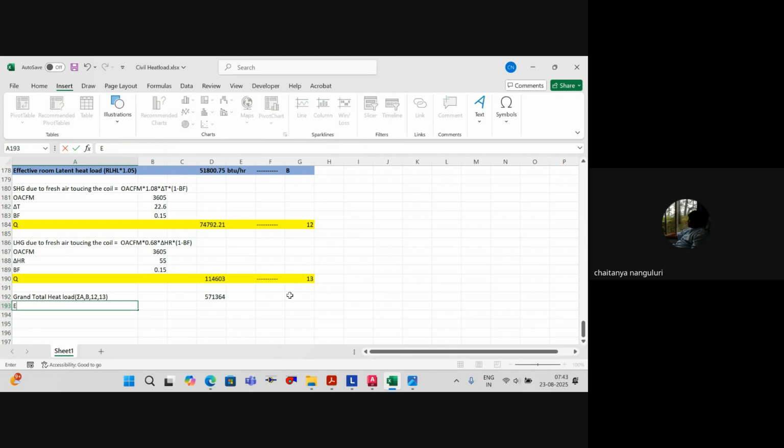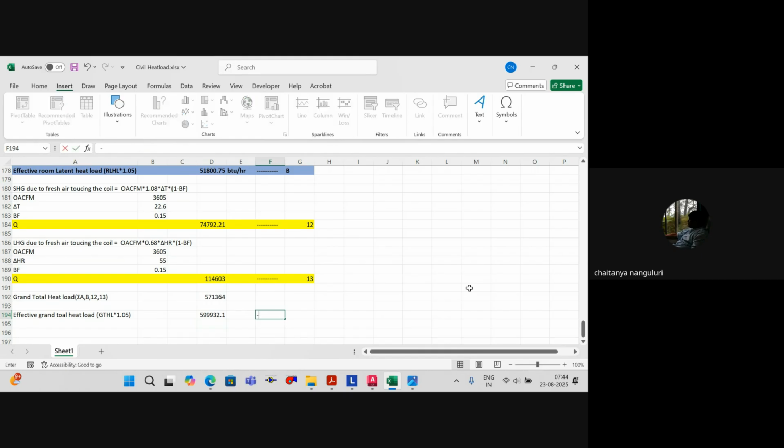We'll take another 5% extra, nothing else. Effective grand total heat load is the grand total heat load into 1.05. That's equal to this value into 1.05.